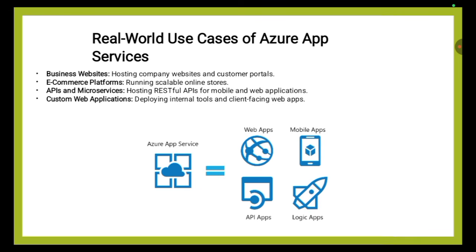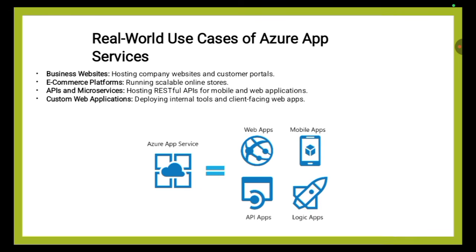APIs and microservices are also hosted using Azure App Services, enabling seamless integration with web and mobile applications. Additionally, custom web applications, including internal tools and client-facing apps can be rapidly deployed and managed with minimal infrastructure overhead.